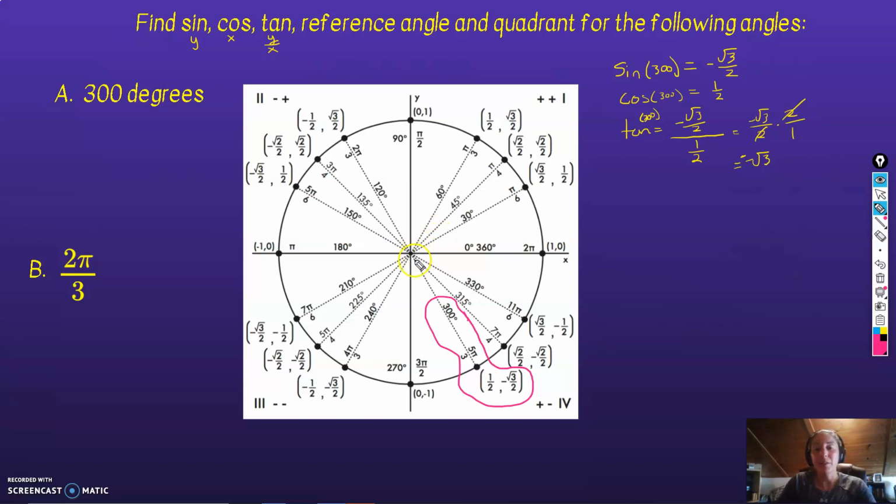It's saying, how far from one of our coordinate axes is this particular angle we're looking for? So, for instance, if we just did this, what is this angle? Well, this reference angle here would be a 60-degree reference angle.